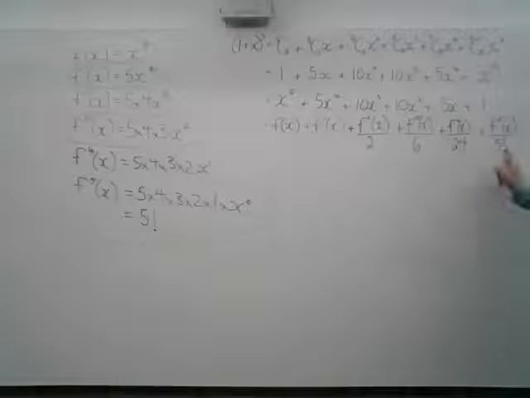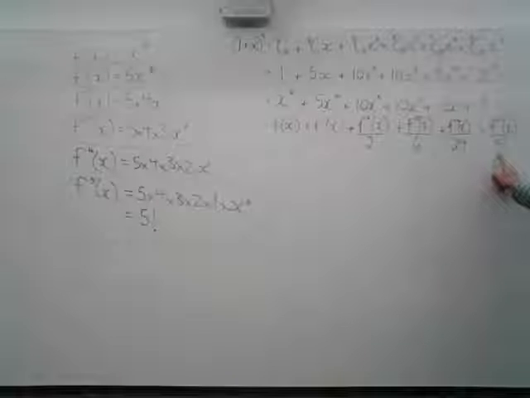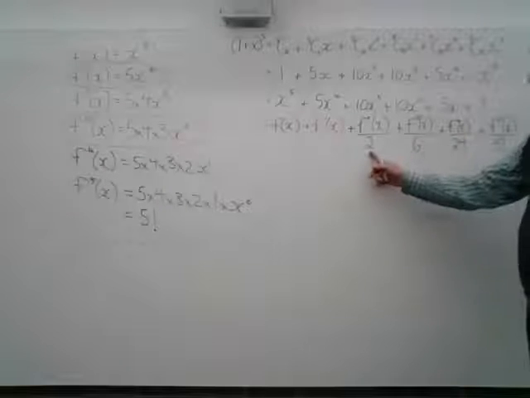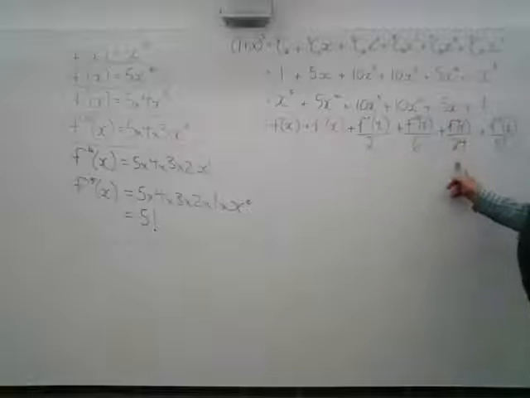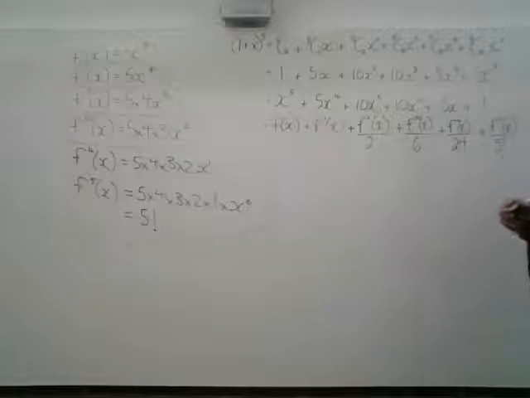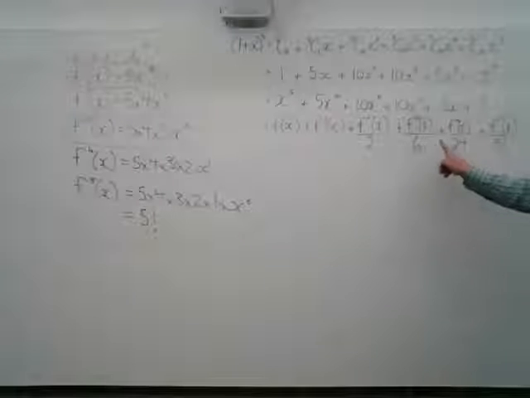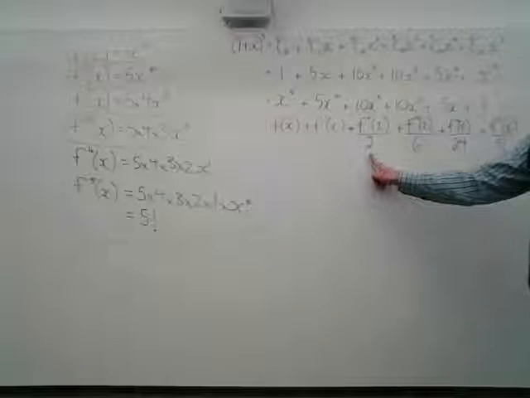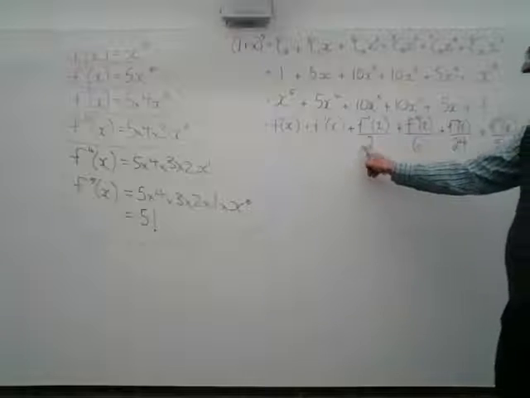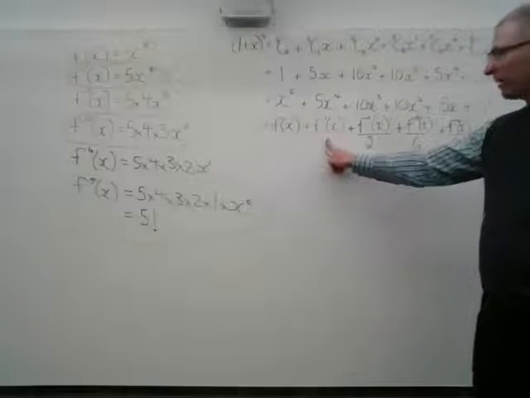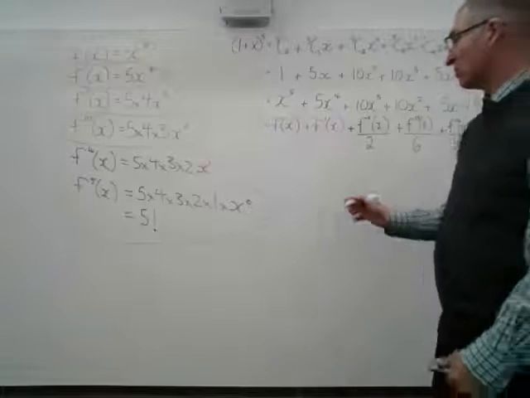And that makes me think, if that's 5 factorial, and these numbers 2 and 6 and 24 are something that's familiar, 5 factorial, 4 factorial, 3 factorial, 2 factorial. Would the pattern work if I continued? Yes, 1 factorial, 0 factorial.